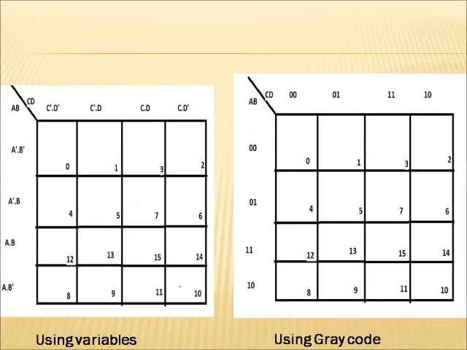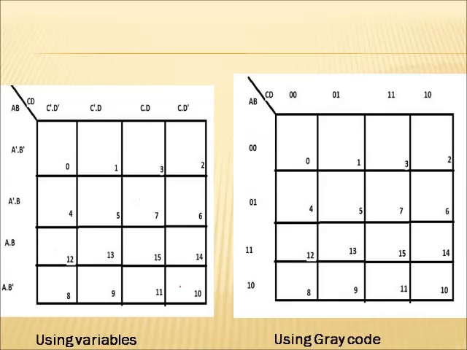For the AB values, A bar B bar equals 0 0, because A bar in SOP is 0 and B bar in SOP is 0. A bar B is 0 1 in gray code, AB is 1 1, A B bar is 1 0, and similarly you can see the CD values.